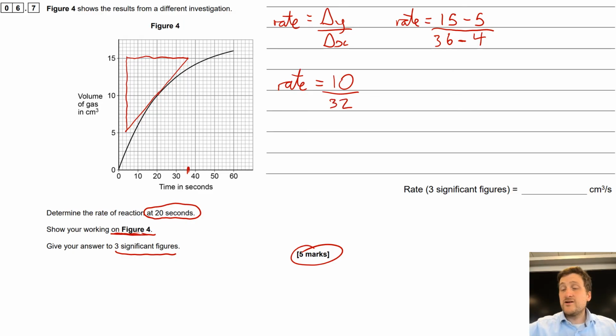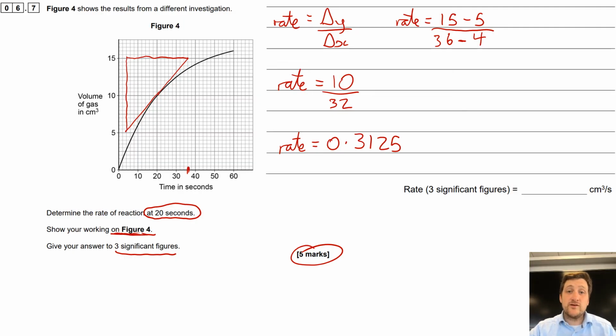Okay, then I'm going to get my calculator out, and I say, what is 10 divided by 32? And this is where it becomes important, because we start thinking, right, we're looking at 3 significant figures here. So 10 divided by 32, it's a lovely number. I think every time you draw a tangent, it looks slightly different, so you need to make sure you've got the right one. So that is my rate.